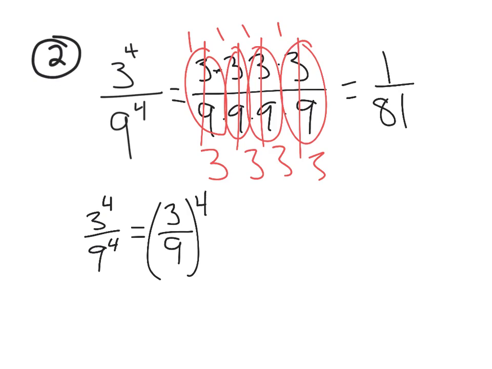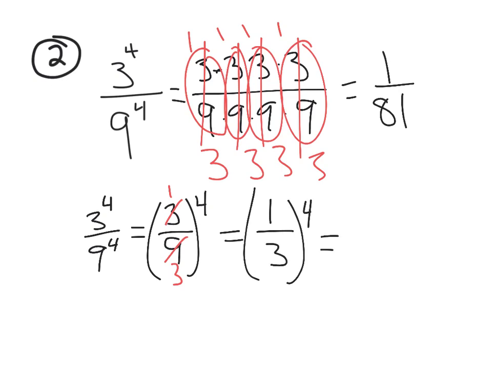So rather than going the other way, like we did in class a couple times when we had a fraction raised to some power, we can just break it up like this. And if you're wondering why that is beneficial, it's because now if I reduce this fraction 3 over 9 to 1 over 3, now I have 1 over 3 to the fourth power.